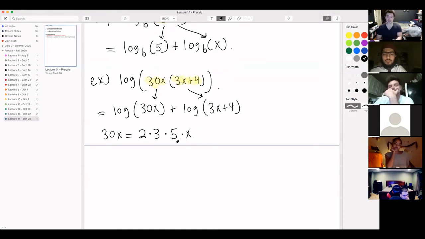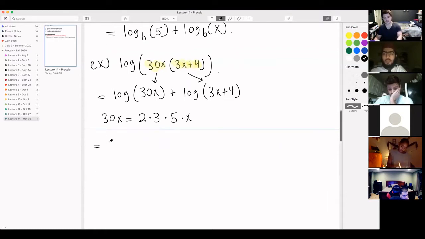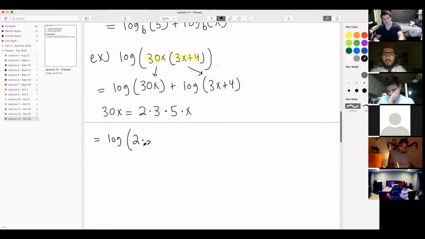I'm just writing 30x in its prime factorization. So this will be equal to log of 2 times 3 times 5 times x, plus log of 3x plus 4, that just comes down.